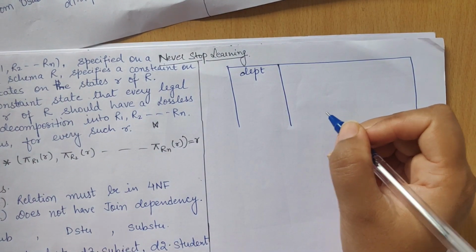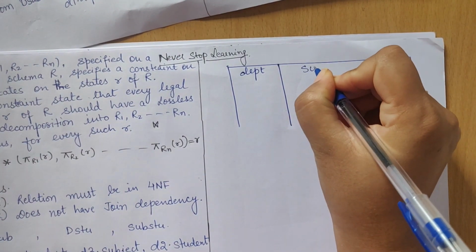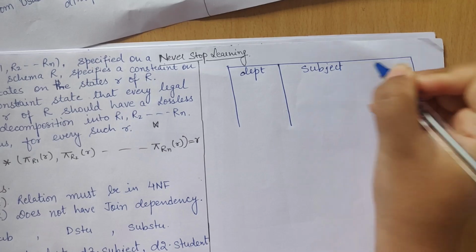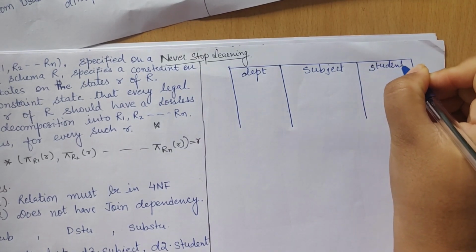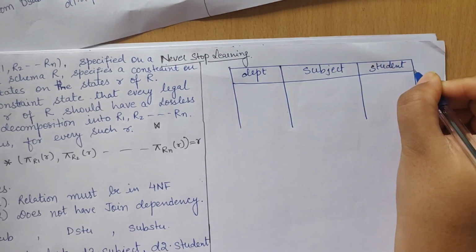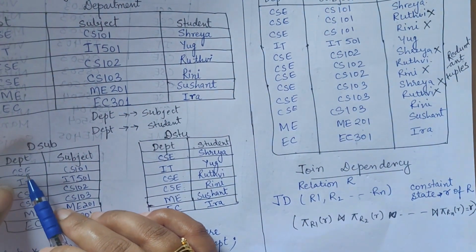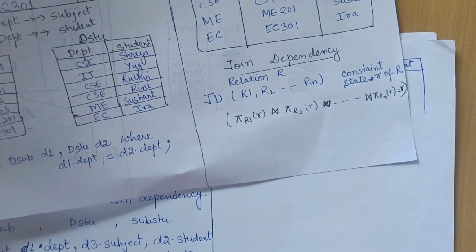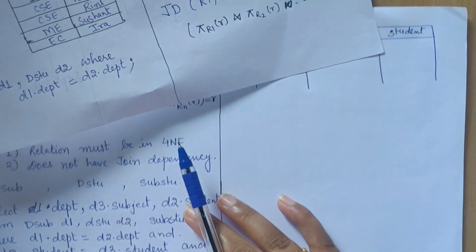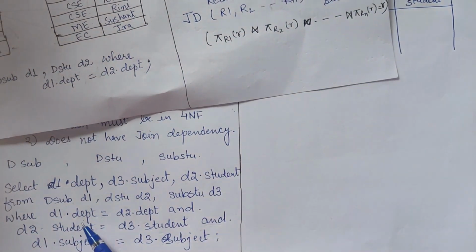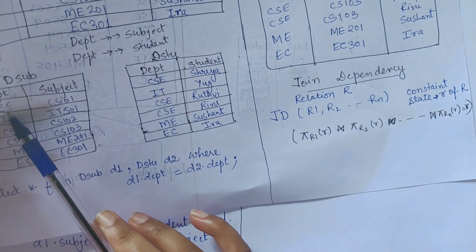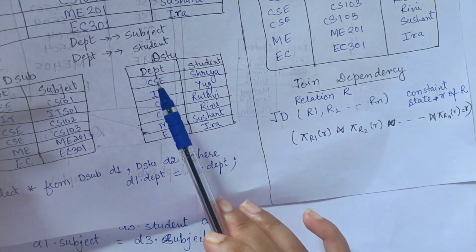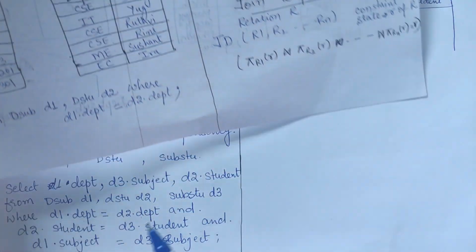From the third table it's getting subject, and from the second table it's getting student detail. So from the first table, when it will select the CSC column, what will happen? We are putting here the condition that D1 department should be equals to D2 department. So it will check CSC, and here it will get 3 rows for CSC.